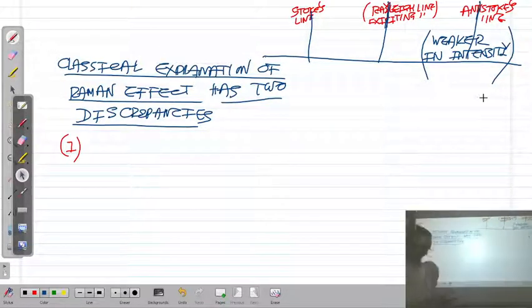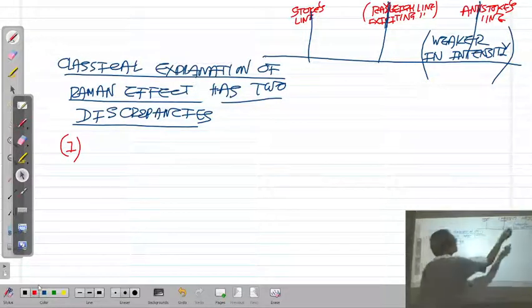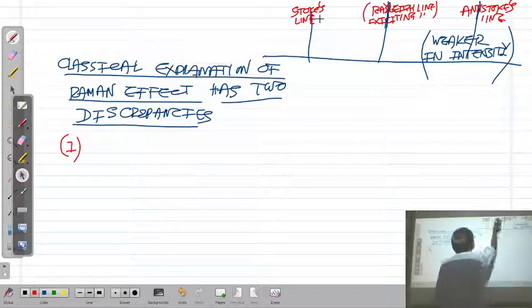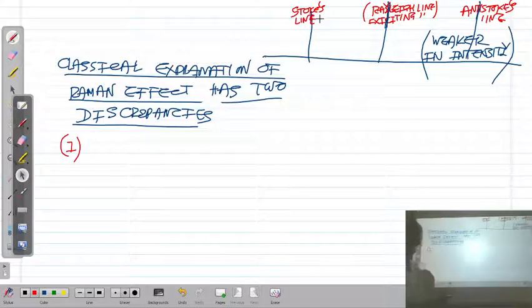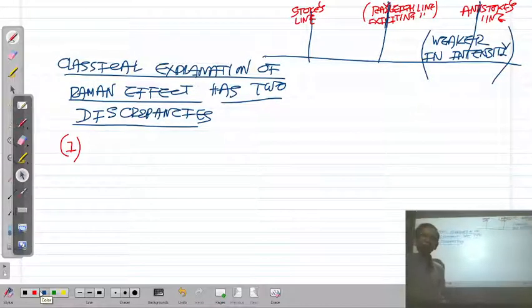But you will find that the intensity of anti-Stokes line is weak compared to the intensity of Stokes line. So that is the first limitation which is not explained on the basis of classical theory.